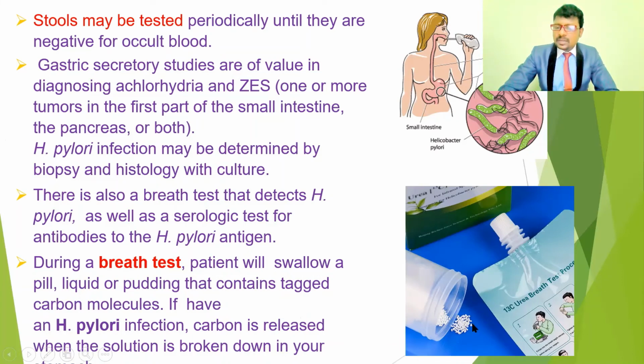If they swallow this and have an H. pylori infection, they release the carbon when the solution breaks down in the stomach, so we can identify it easily with this breath test. These detect the H. pylori bacteria.